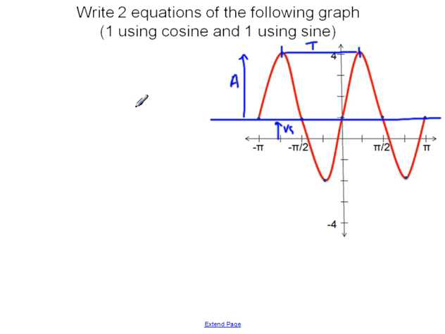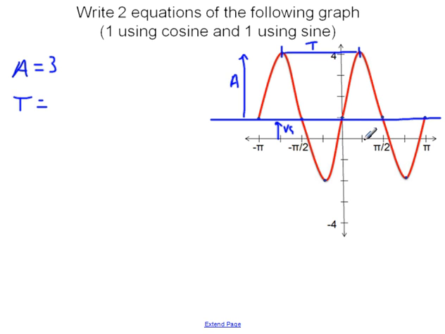Those are the three values that are shared for both equations, so let's find those first. The amplitude: 1, 2, we went up 3, so the amplitude equals 3. The period of the graph: it's going 1, 2, 3, so it's 4 marks.